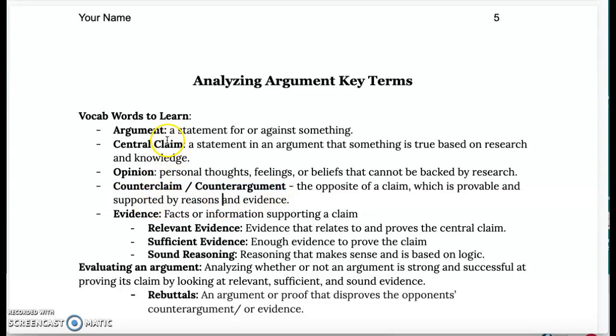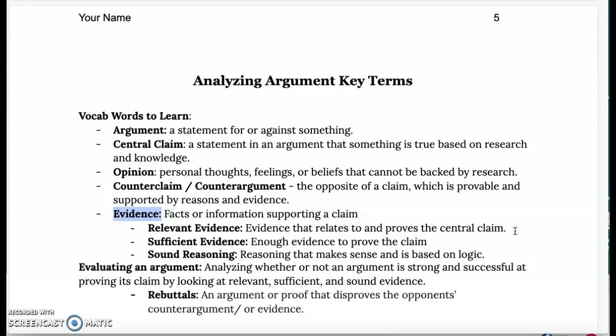And so with our claims and our counterclaims, there's evidence, okay, and there's three types of evidence that writers, or people who are speaking an argument, would use. Relevant, which is evidence that relates to and proves the central claim.